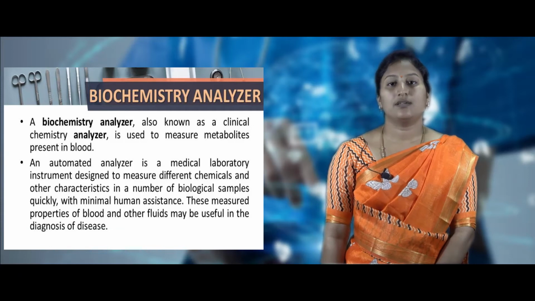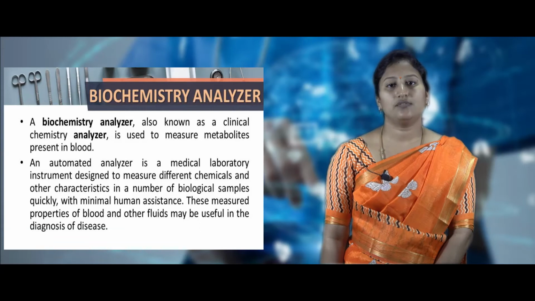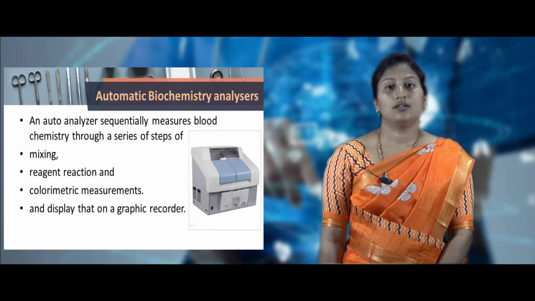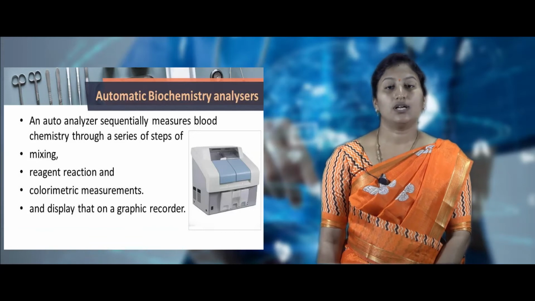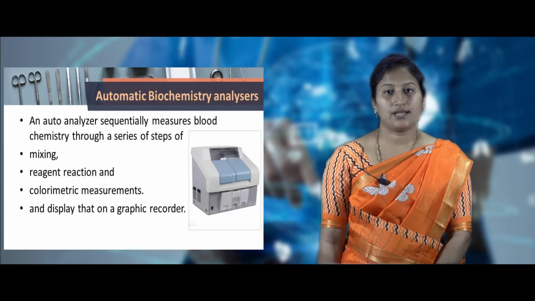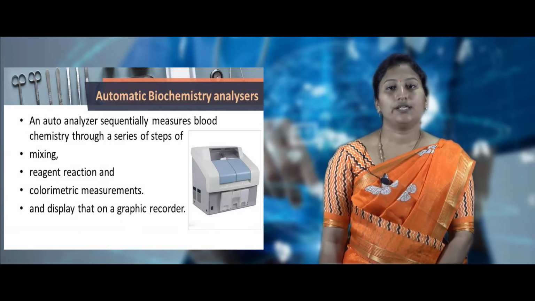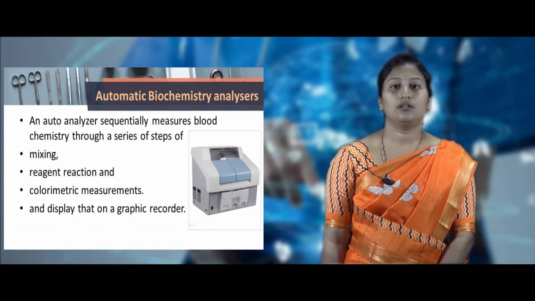These properties measured will be highly useful in the diagnosis of diseases. An autoanalyzer sequentially measures the blood chemistry through a series of steps like mixing, reagent reaction and colorimetric measurements, and finally displaying the measurements on a graphic recorder or a computer.